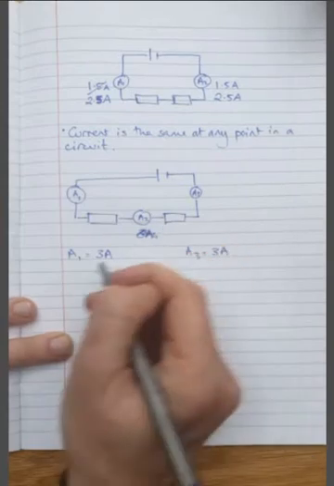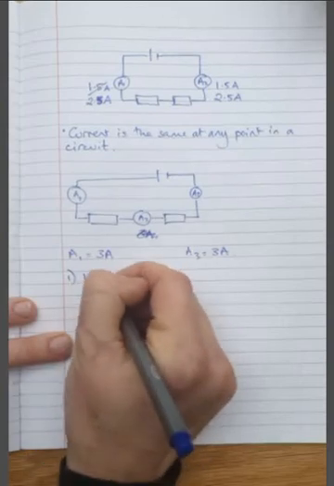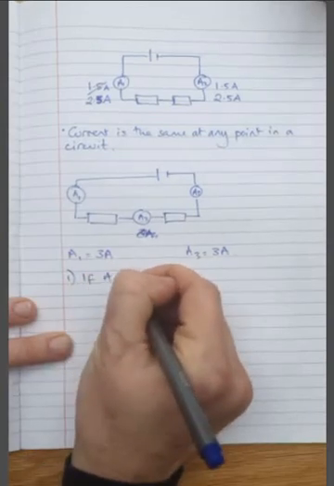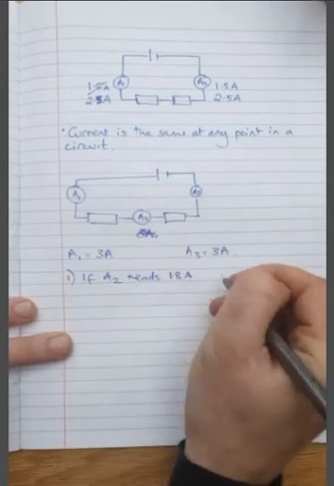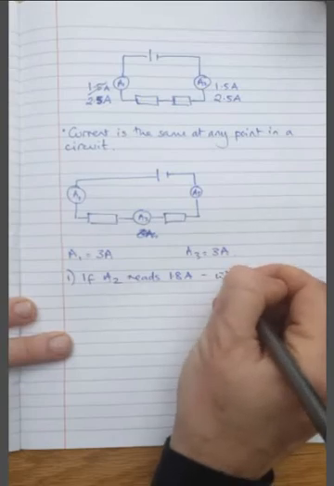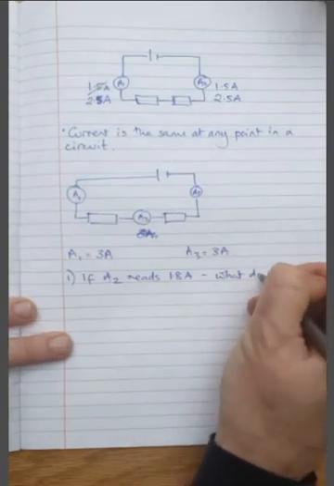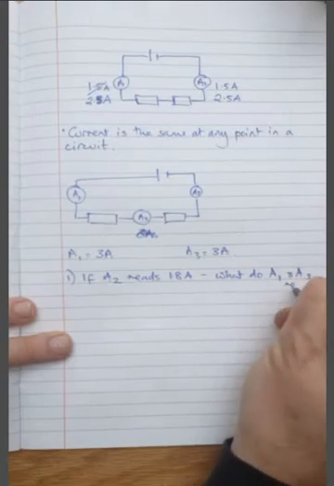Number 1, if ammeter 2 reads 1.8 amps, what do ammeter 1 and ammeter 3 read?